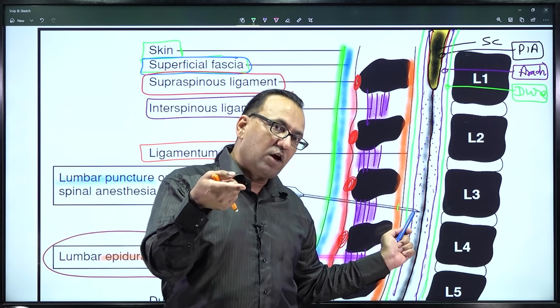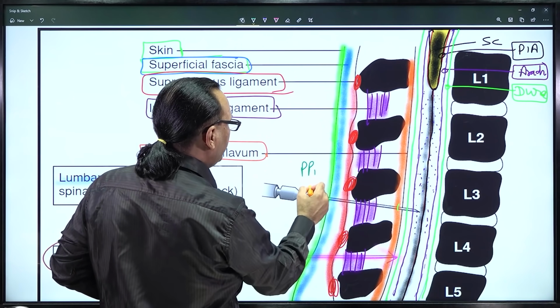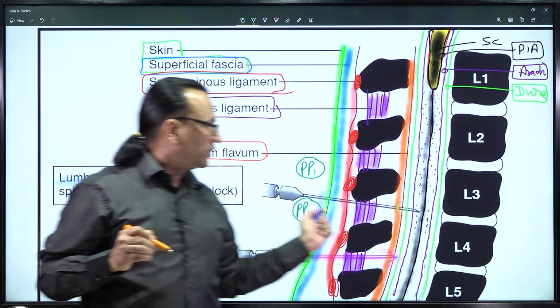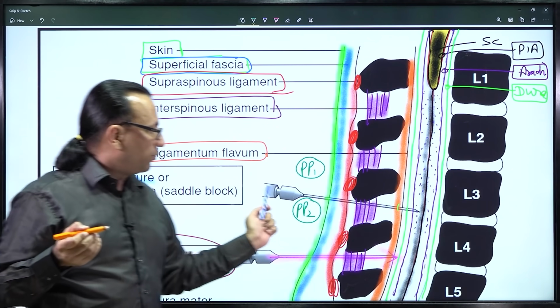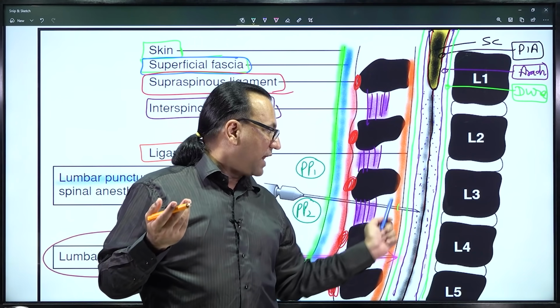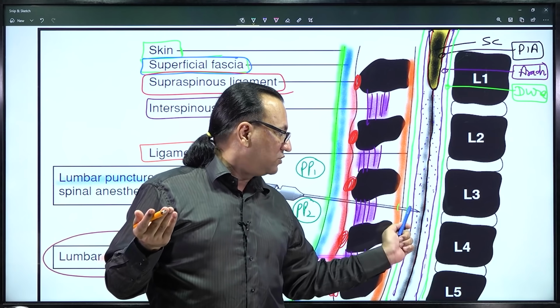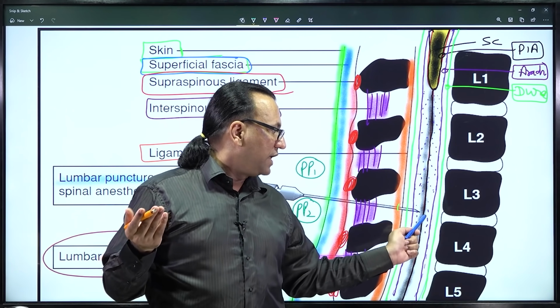This is the second popping sensation. So the popping sensations are 1 and 2. The first popping sensation comes when you puncture the ligamentum flavum, and the second comes when you puncture the dura mater. And after puncturing the dura mater, you have to puncture the arachnoid mater, and then you can aspirate the CSF or give spinal anesthesia.